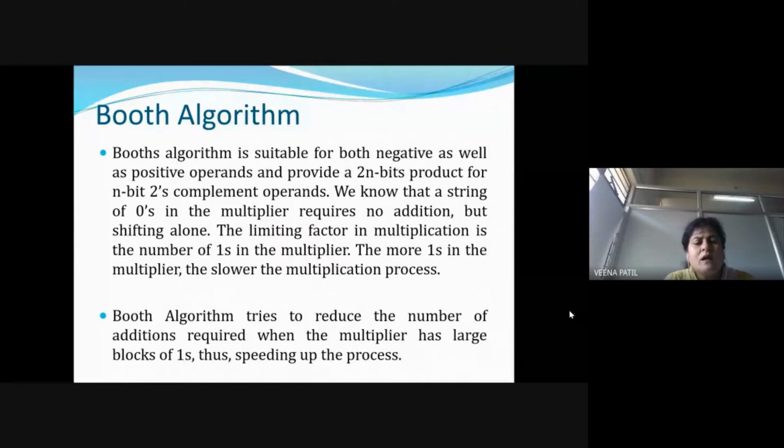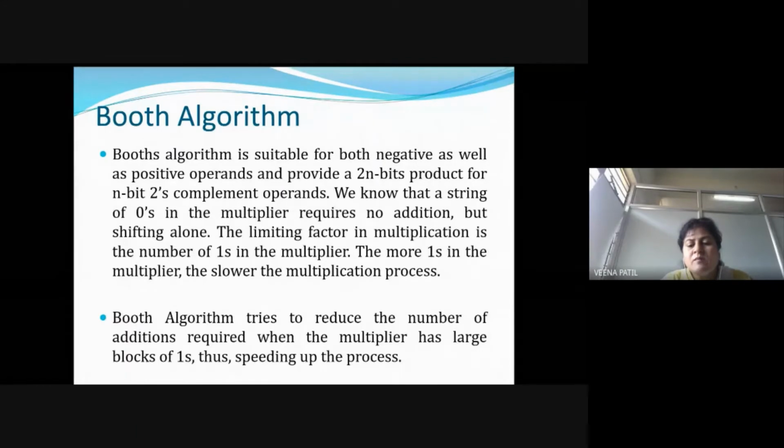A string of zeros in the multiplier requires no addition but shifting only. The limiting factor in multiplication is the number of ones in the multiplier. The more ones in the multiplier, the slower the multiplication process. Booth's algorithm tries to reduce the number of additions required when the multiplier has large blocks of ones, thus speeding up the process.